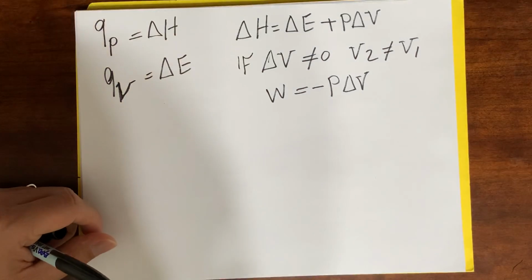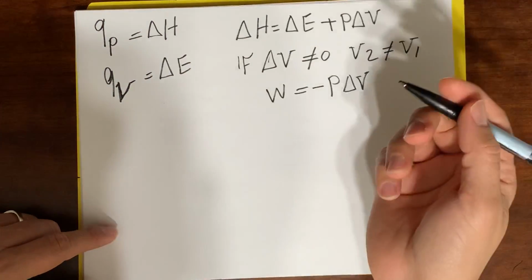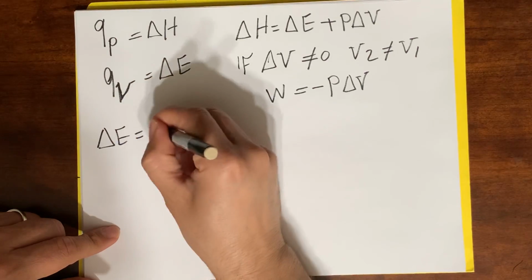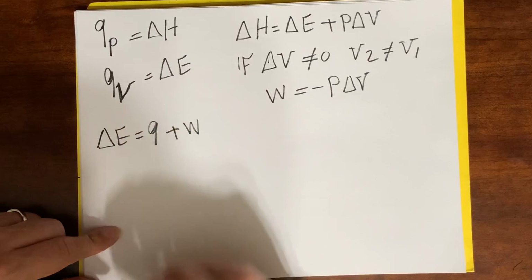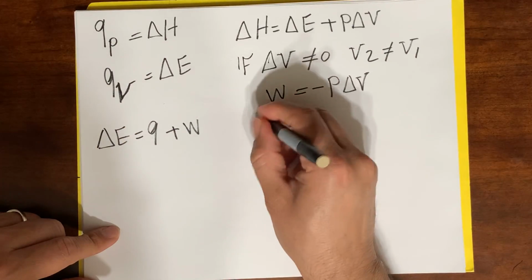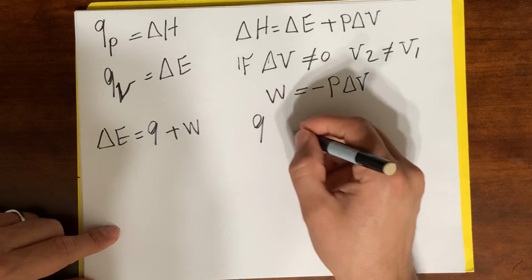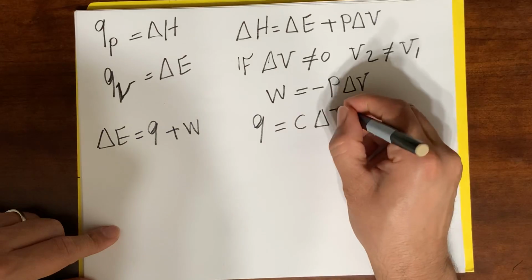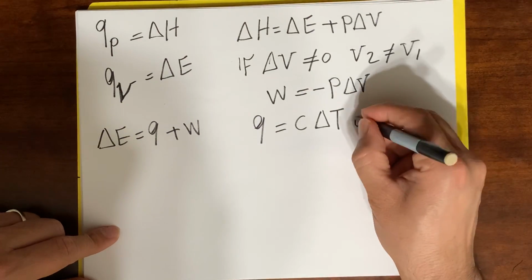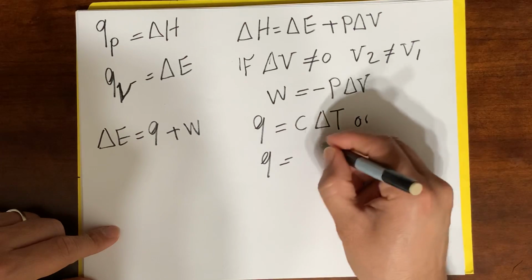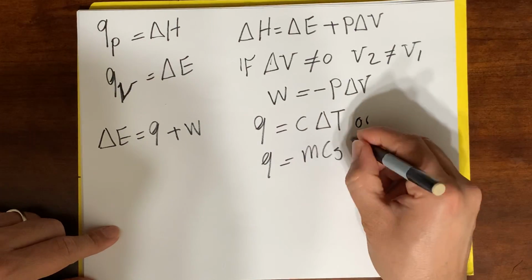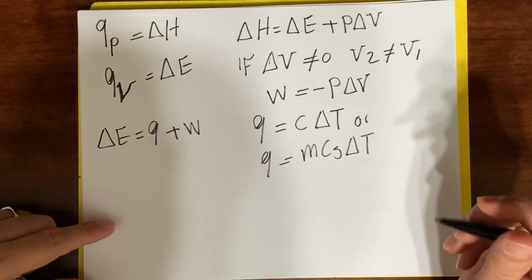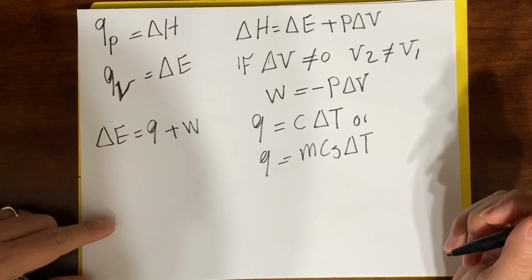Okay, and also we went through a couple of formulas. One, we said delta E is equal to Q plus work. Next one is Q, you can calculate it through C delta T, heat capacity multiplied by change in temperature, or Q equal to m c s delta T: mass multiplied by specific heat capacity multiplied by delta T, change in temperature.